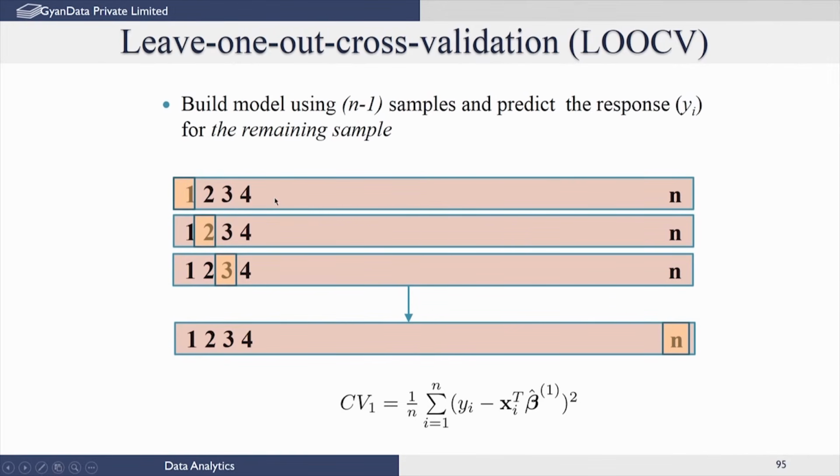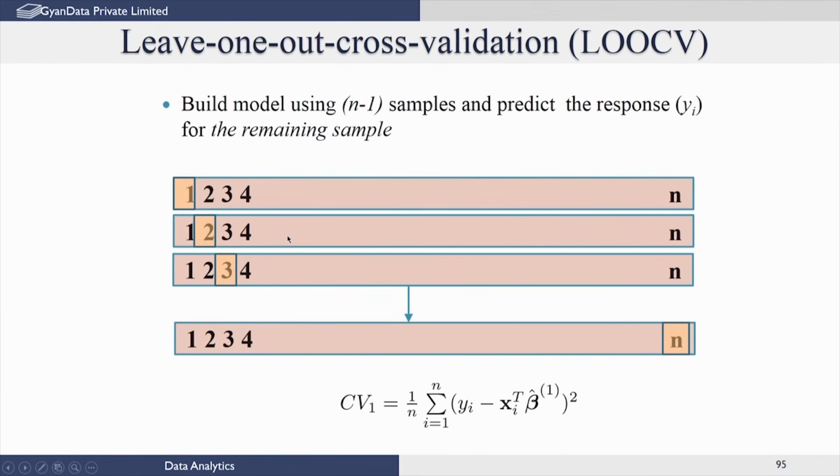For example, if you are building a nonlinear regression model, you will build a regression model using, let us say, only beta naught and beta 1, the linear term, and predict the MSE on this left out sample. You will also build a model using the same training set, a quadratic model, and predict on this, and so on and so forth, so that you will get the MSE for the left out sample for all choices of the parameters you want to try out.